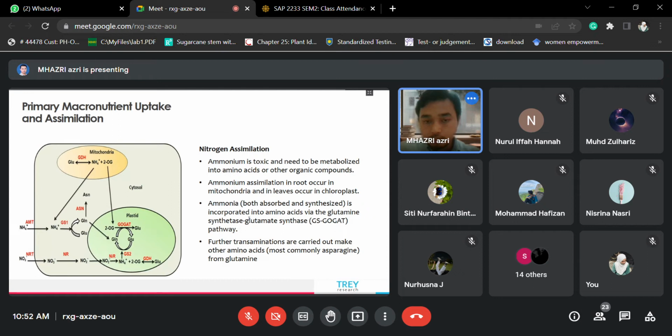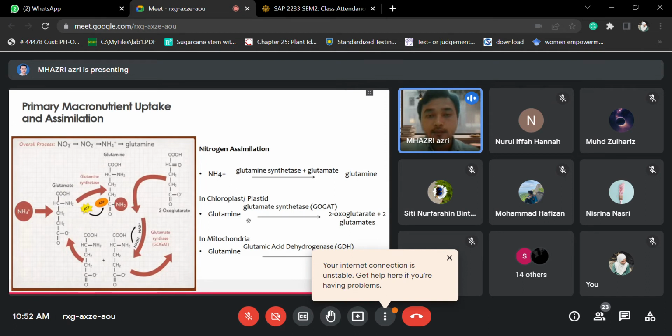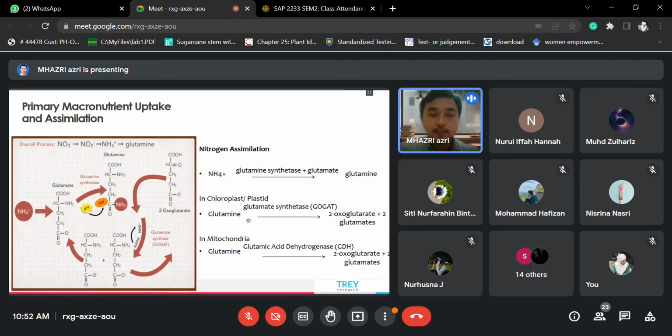So now we know that nitrogen is taken up by the plant in the form of nitrate or ammonium. If the plant absorbs nitrogen in the form of nitrate, it will be reduced into nitrite in the cytoplasm of plant root tissues. Okay, and then these will be transported to the upper part via xylem, and then it will reach a certain organ in plant tissues. Okay, for example, it reaches the leaf.